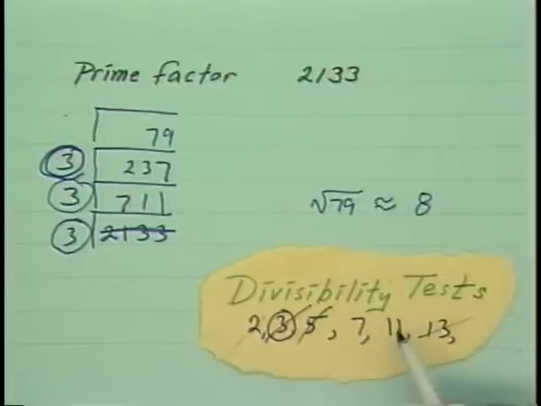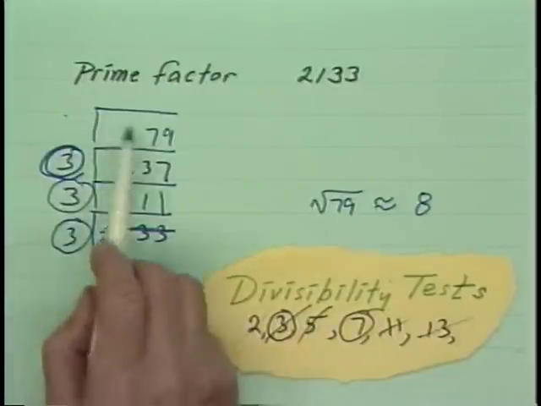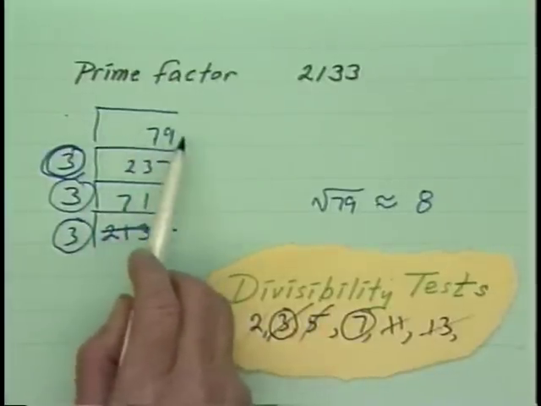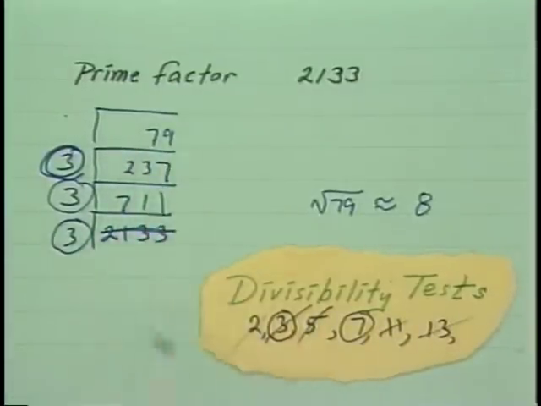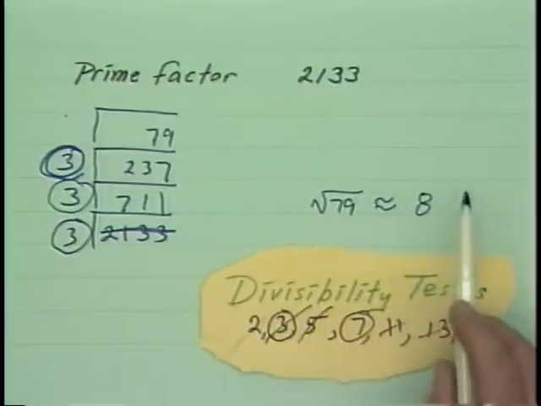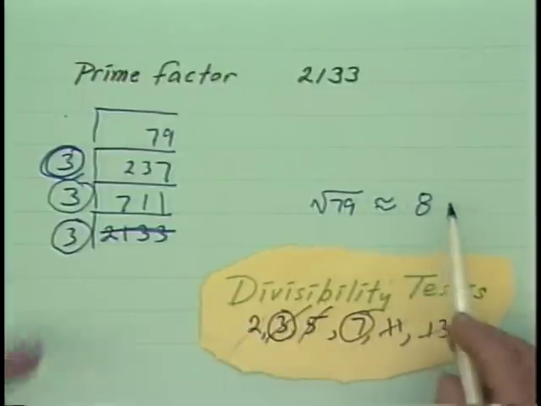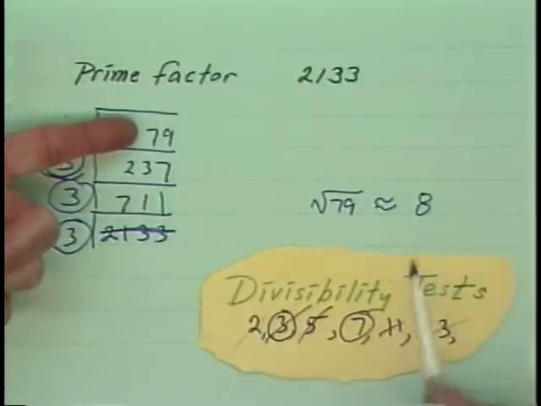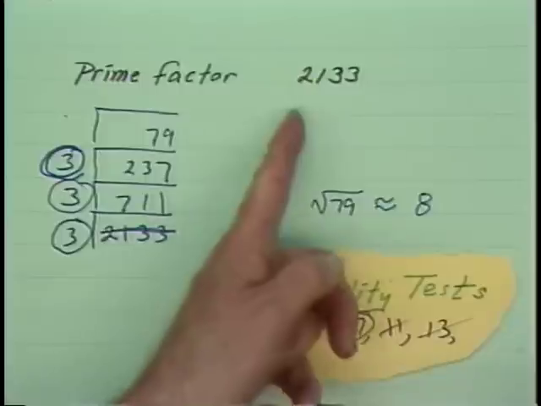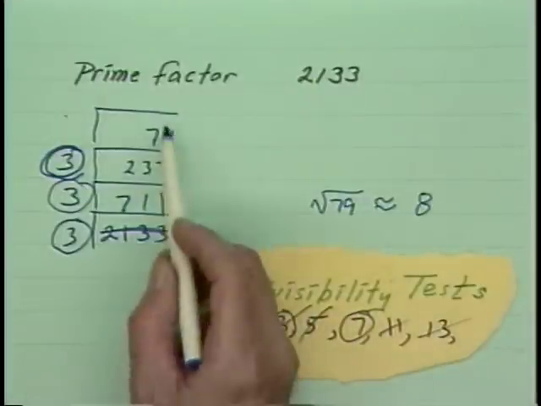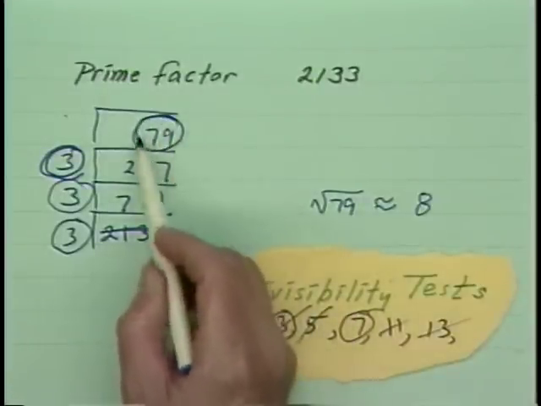So this is not less than, nor is that, so that tells me 7 is the last I need try. But if I try 7, I can see visually it won't go into this. So if the numbers less than this will not divide into this, then numbers larger won't either, hence this is a prime.